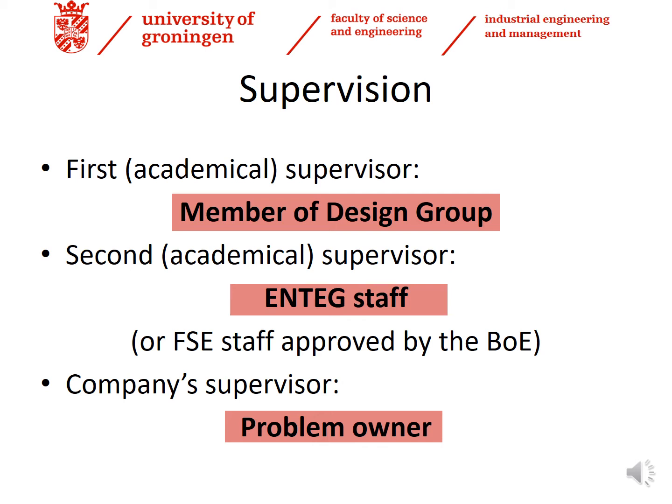That can be the second supervisor. It doesn't matter if this second supervisor from NTEG, for instance, was your first supervisor for the research project, or you would like him or her to be the first supervisor of your research project if you choose to do the design project first.